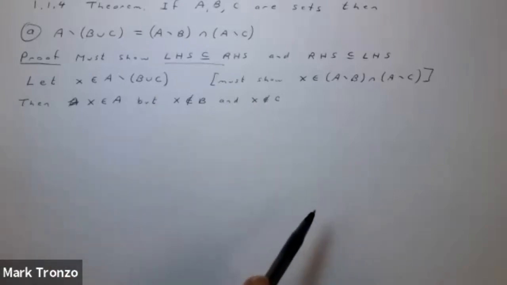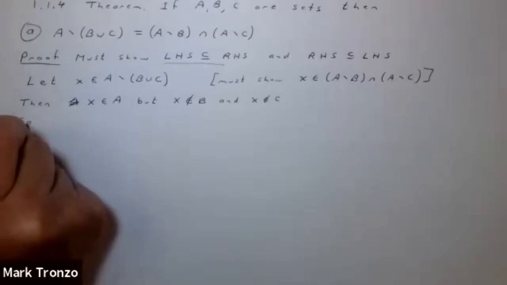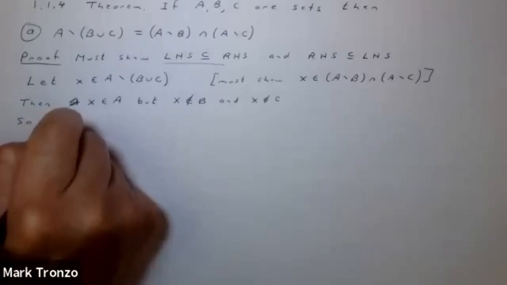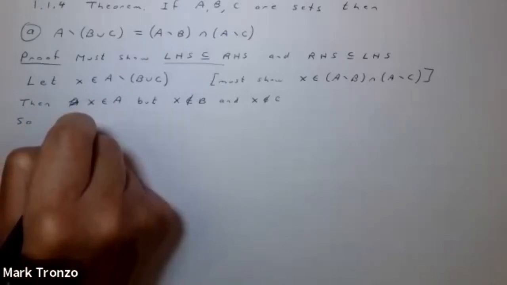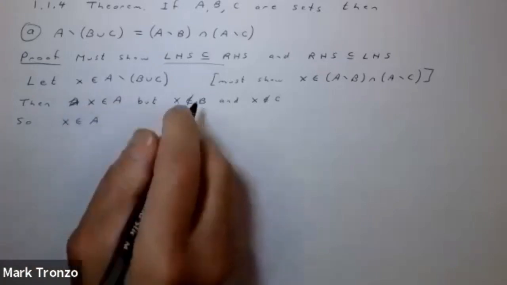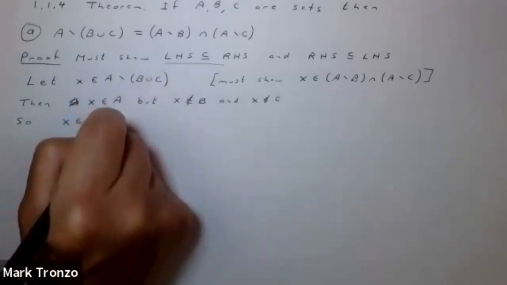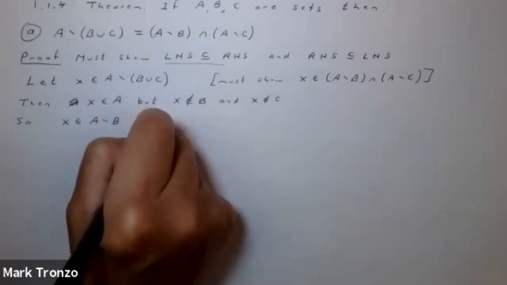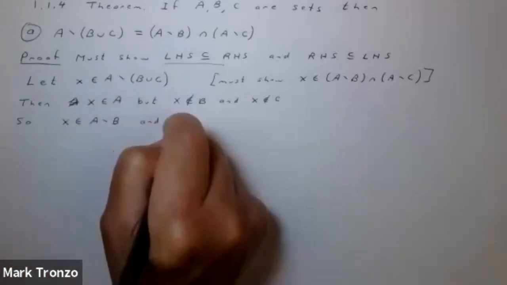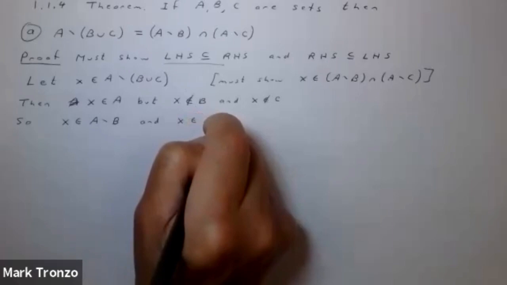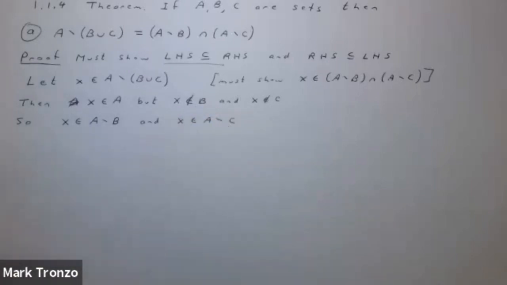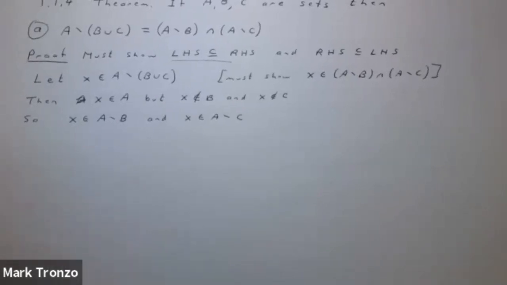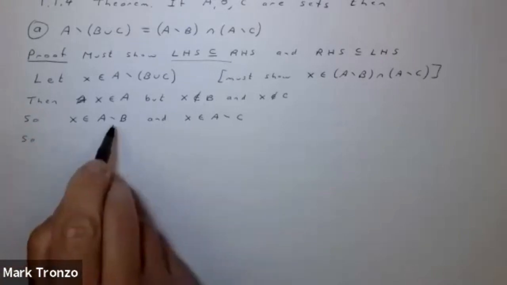So now let's take that to the next step. That means x is an element of A but not an element of B, and x is an element of A and not an element of C. And of course, what does the 'and' mean?